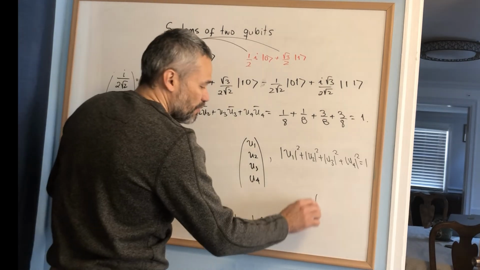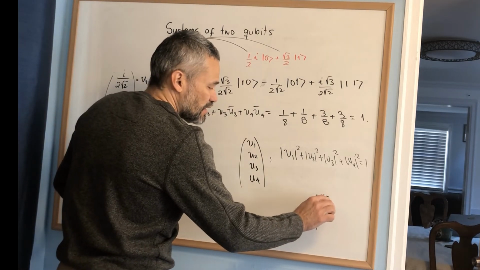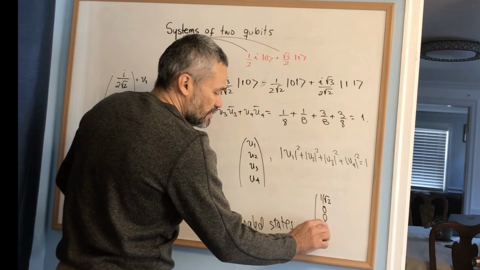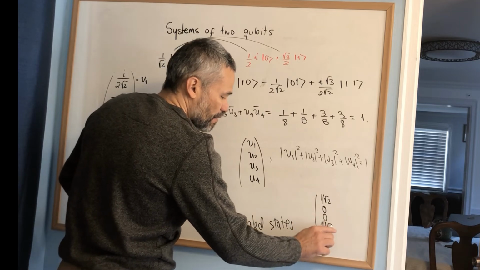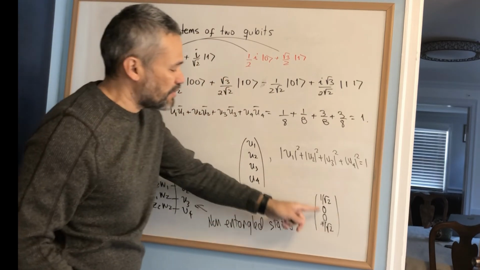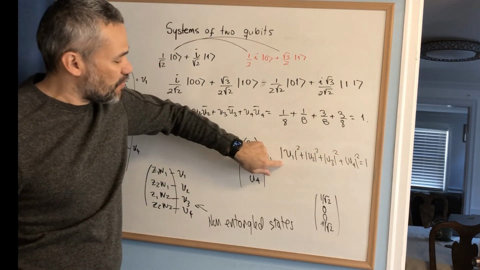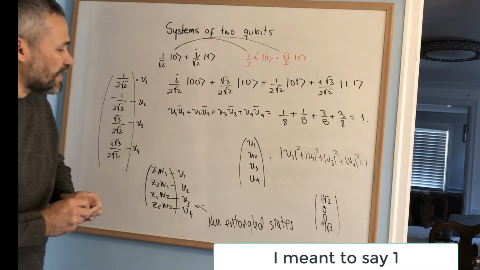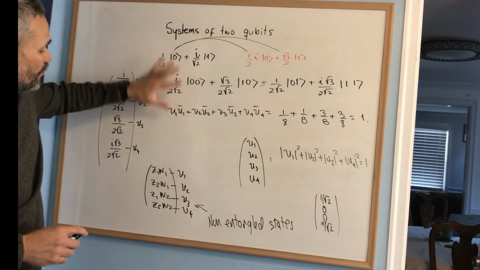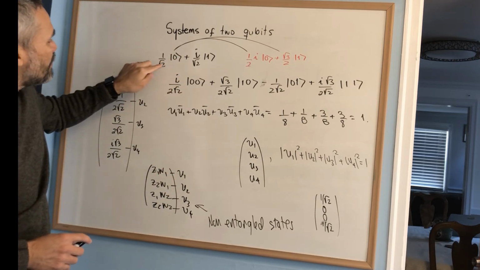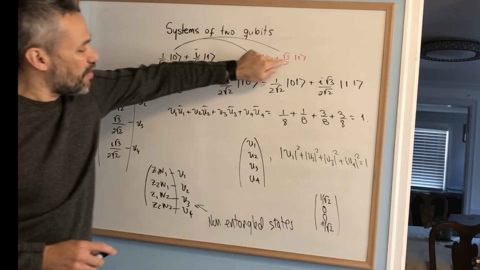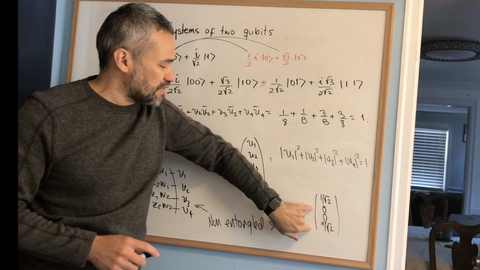An example would be, if you think about this, a combination of 4 complex numbers, and they have the property that this sum is equal to 1, but you can easily check that no combination of C1, C2, W1, W2 will produce this state.